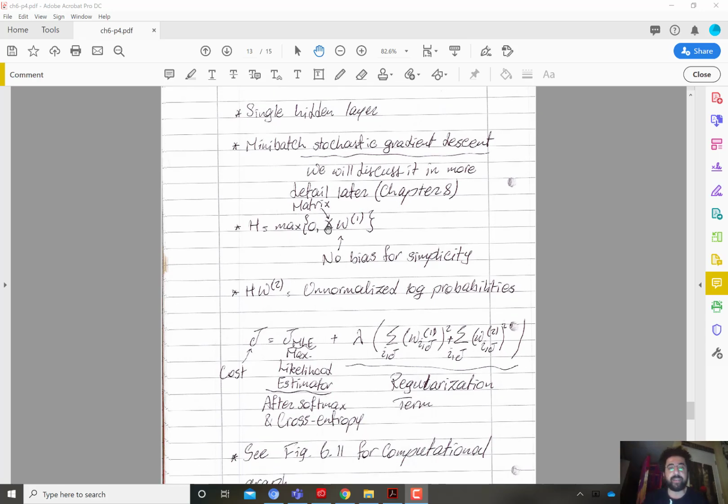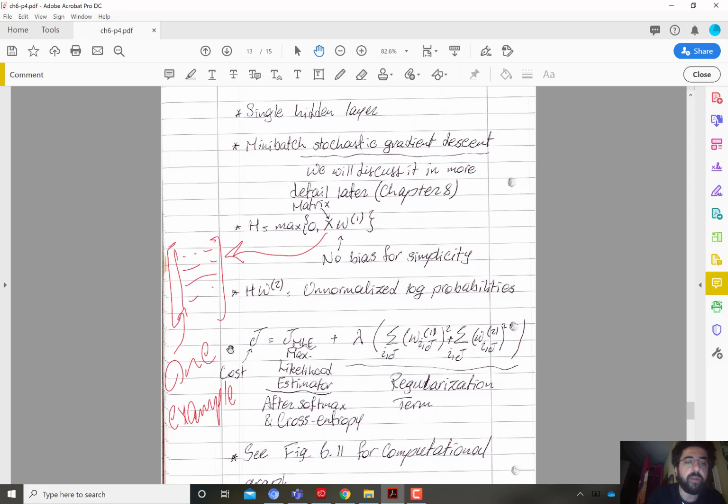So now X is a matrix. You can think of it as multiple rows, each row corresponding to one training example, with different examples in different rows.